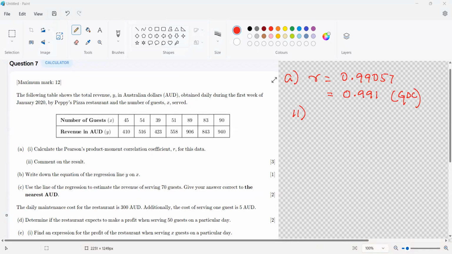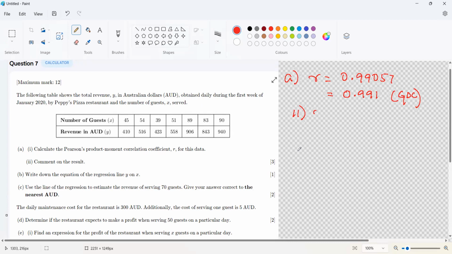What would I comment? 0.991 is very close to 1. The maximum R value can be 1 and the minimum can be -1. And when your R is 0.991, it means it is very, very close to 1.